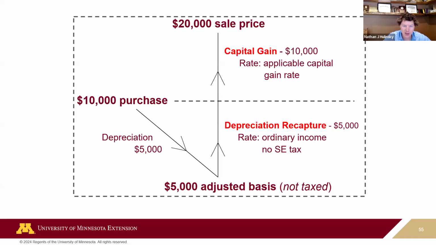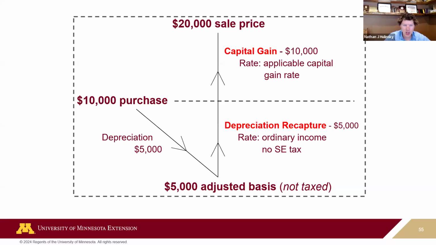We now sell that same piece of machinery for $20,000. We got a good price for it. The initial $5,000 is going to be depreciation recapture, up to our original purchase price. That will be ordinary income, not subject to self-employment tax.